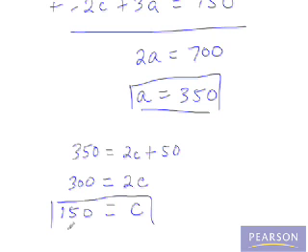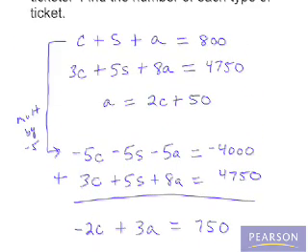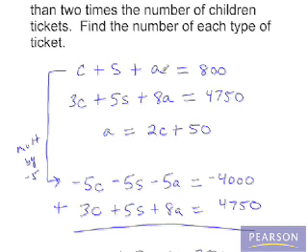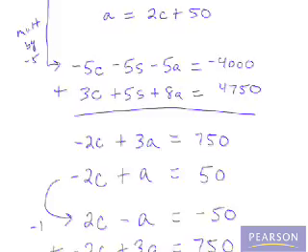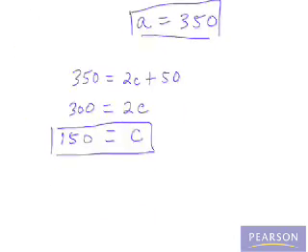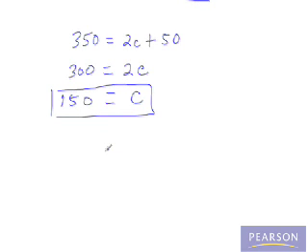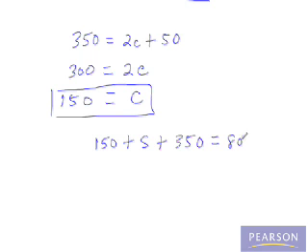So now I have 2 out of the 3 variables. Now I must go back to one of our original equations that has all 3 variables to find our missing variable. Let's choose the top one: C plus S plus A equals 800. Substituting A is 350 and C is 150, we have 150 plus S plus 350 equals 800.